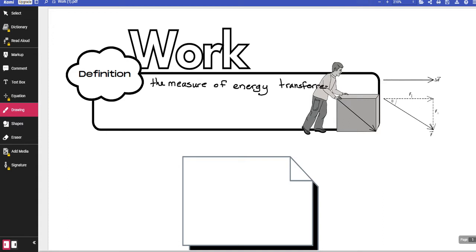I'm going to write on our dude here. Transferred when a force, we should be familiar with that word, force, acts over a given displacement. So that's really neat and interesting that we're talking about this idea of force and energy being transferred and how that works together and what we're going to do with it.